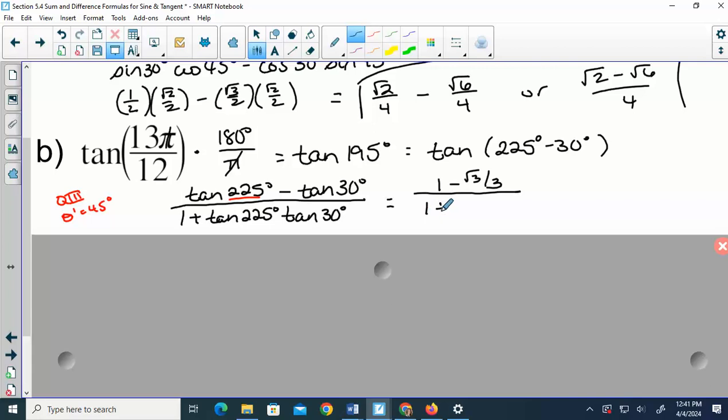Radical 3 over 3. Over 1 plus tangent of 225, which is 1, times tangent of 30, radical 3 over 3. So we have 1 minus radical 3 over 3, over 1 plus radical 3 over 3. Okay, there's a lot wrong with this right now.